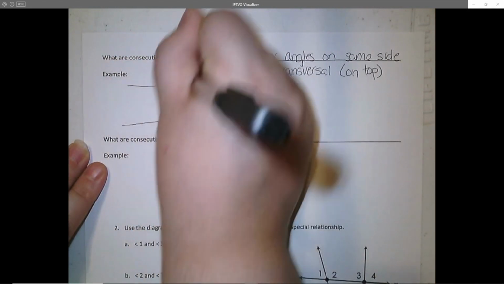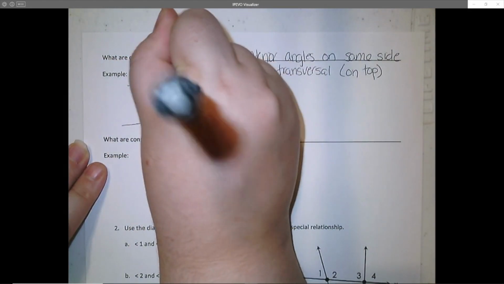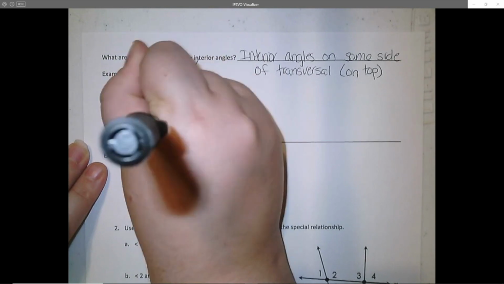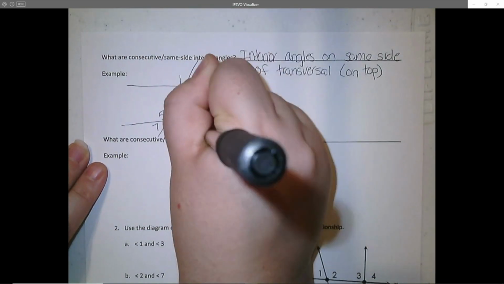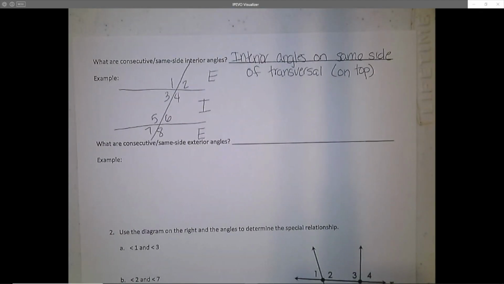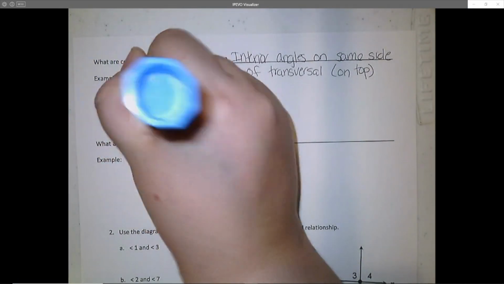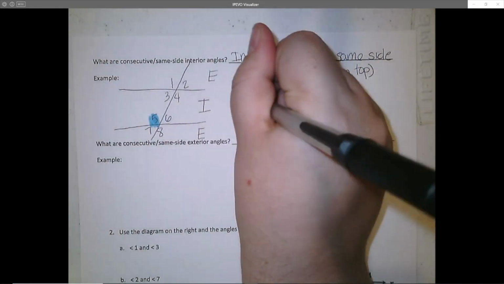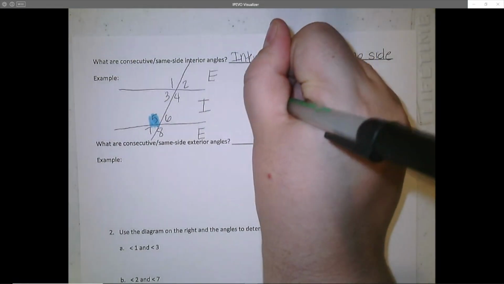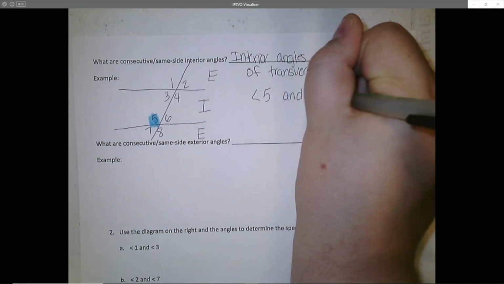Okay, so if I draw my picture, I have my 2 lines, I have my transversal, 1, 2, 3, 4, 5, 6, 7, 8. Inside the lines is interior, outside is exterior. So if I choose an interior angle, let's say I choose angle 5, I'm going to ask myself, what is on the same side of the transversal, or what is on top of it?